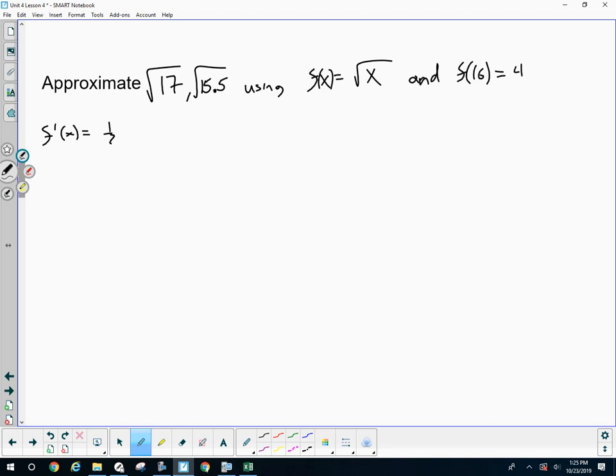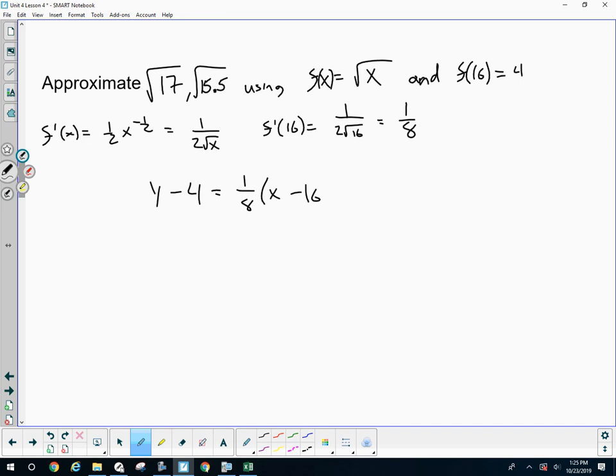So I need my tangent slope generator to generate a tangent slope at 16. Okay, get this, which turns into that.